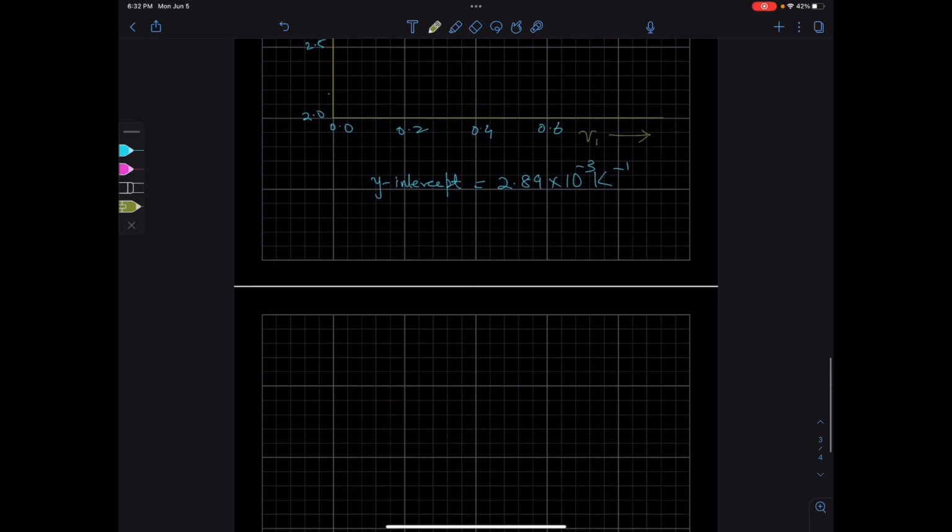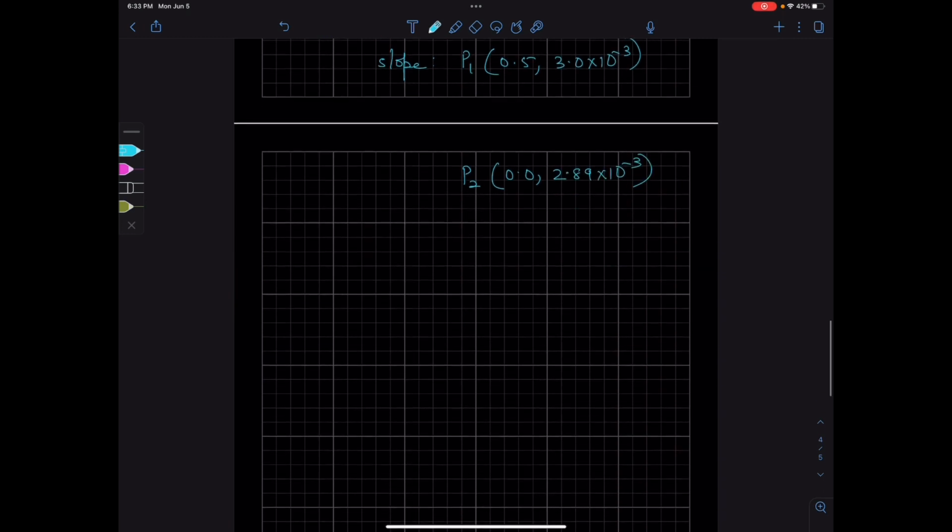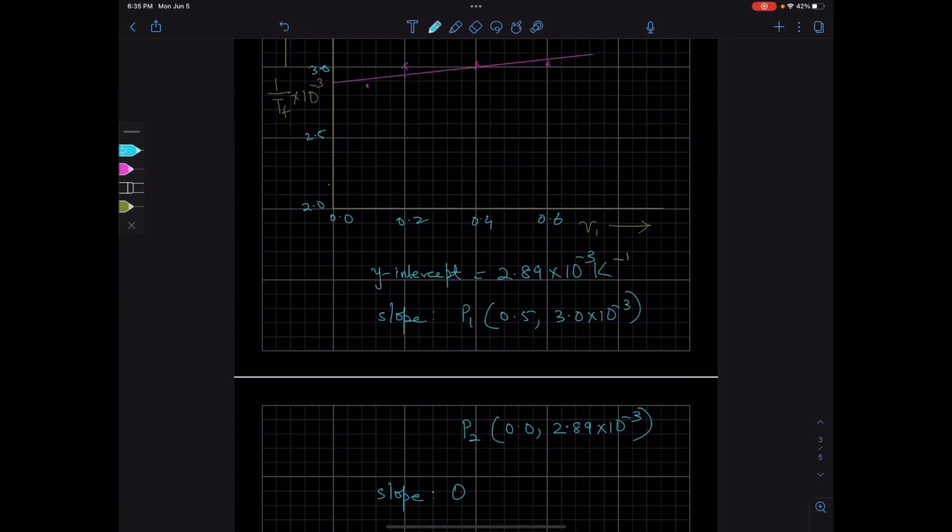And my slope calculation is, I want to choose 2 points. I'm choosing a point P1, which is 0.5 and 3.0 times 10 to the negative 3, and I'm choosing a point P2, which is the y-intercept itself, so it is 0.0 and 2.89 times 10 to the negative 3, and so my slope is 0.22 times 10 to the negative 3.